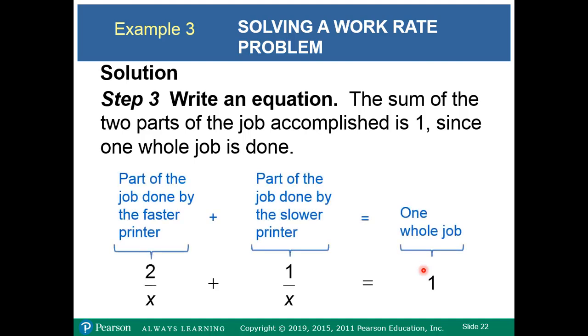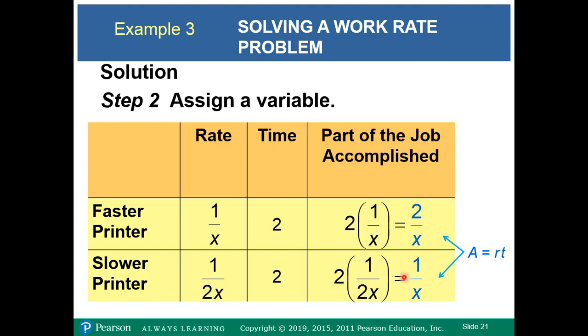Now we know that the part of the job done by the faster printer plus the part of the job done by the slower printer has to equal 1, right? Again, we're using the fact that they're working together. It took them both 2 hours.